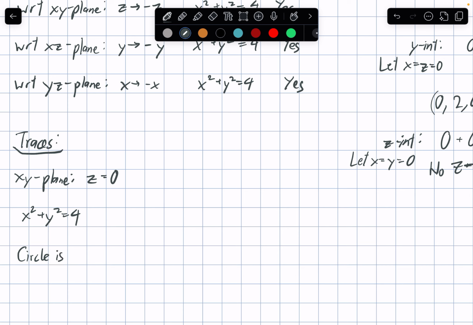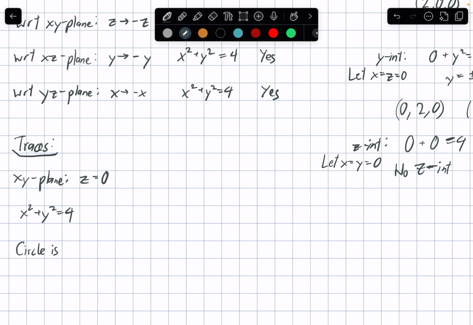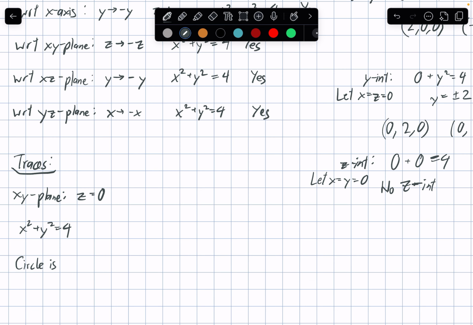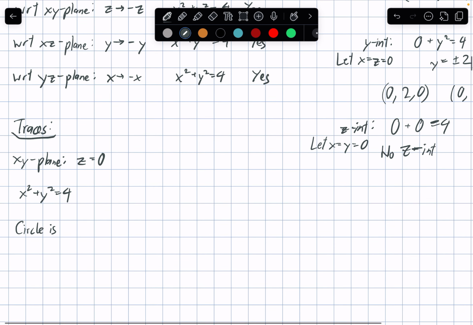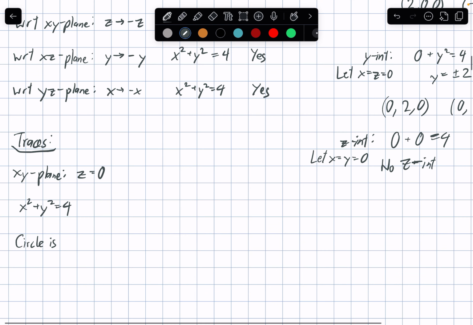Because in the previous examples that I've studied, we deal with lines, not circles. This is a new example to me.